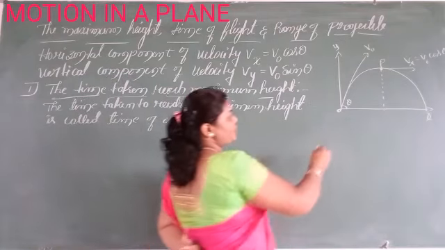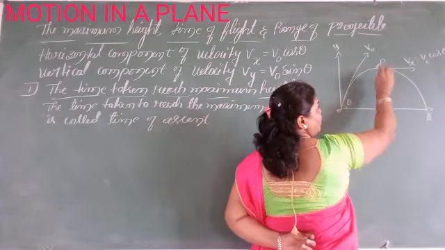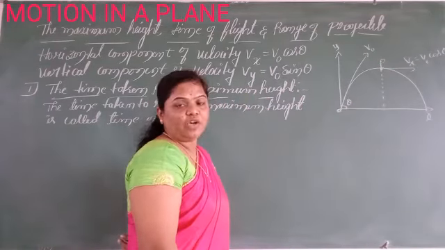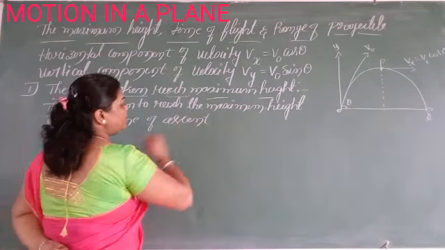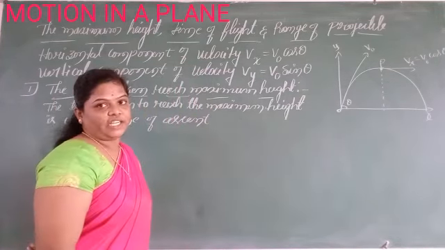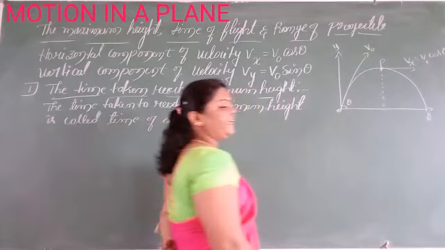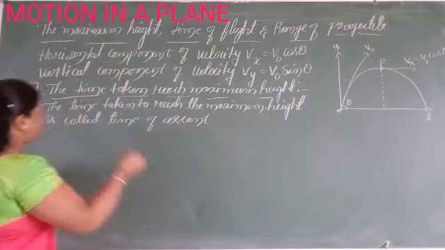So here, from the initial position, this is the maximum height reached by the object, the point P. The time it takes to reach the maximum height we call the time of ascent. And the time taken to reach the ground from this maximum height point, we call the time of descent.